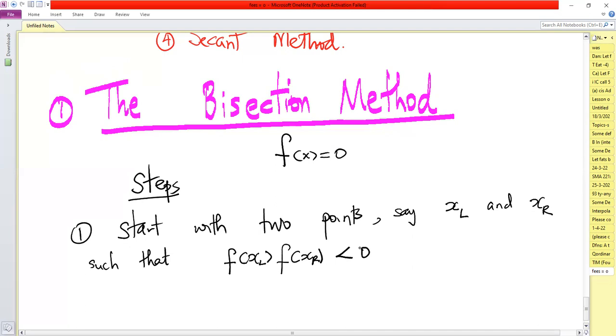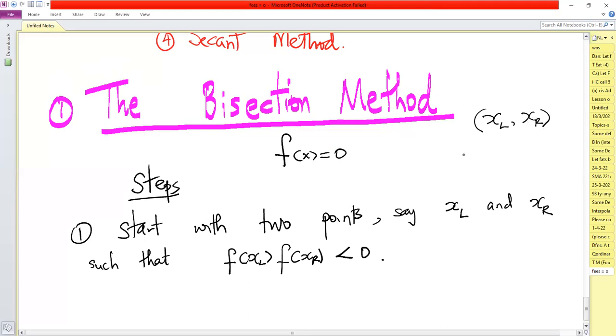That's from the theorem that we stated earlier on, that a root exists between 2 values when the value of the function at the endpoints of the interval are having opposite signs. So this is to mean that the solution lies in the interval XL, XR.